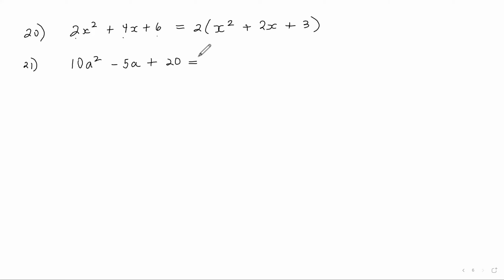The factor would be 5, and in the bracket it would be 2a squared, then minus a, plus 4. That's right. Very good.